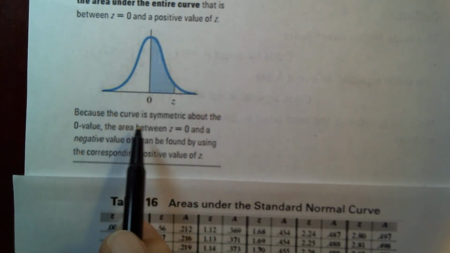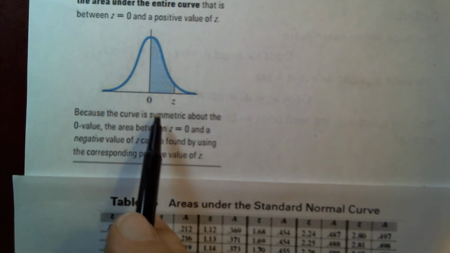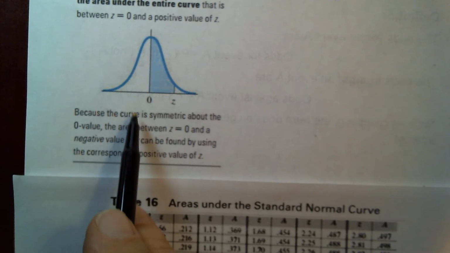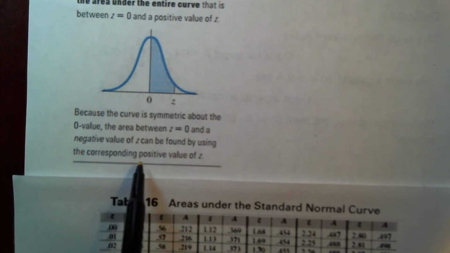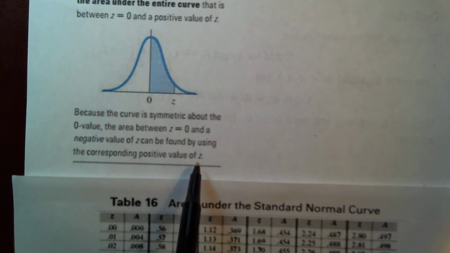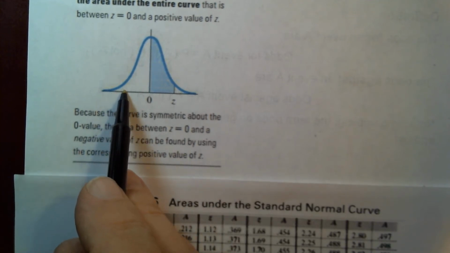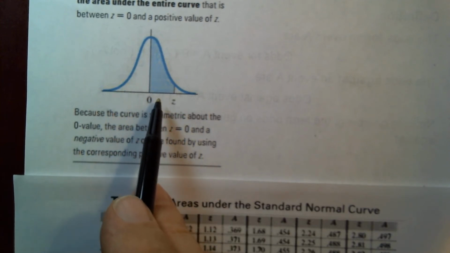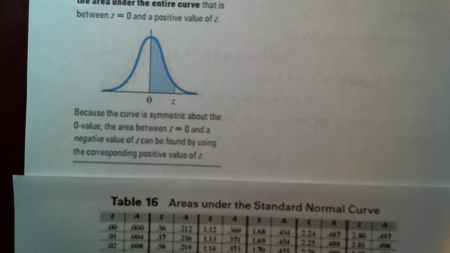And because the curve is symmetric about the 0 value, the area between z equals 0 and a negative value of z can be found by using the corresponding positive value of z. So in other words, if we have a negative z value, we simply use a positive one, and it'll give us the same area. For example, a z-score of 0.57 means the area under the curve is 0.216.